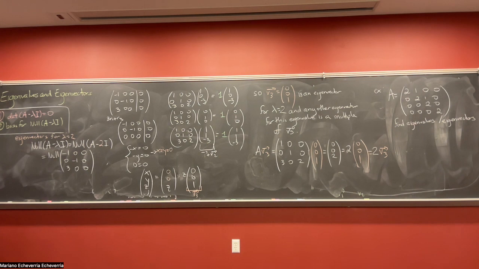Independent, we'll see that next time. When the eigenvectors come from different eigenvalues, they are automatically independent, and so the three together will all be linearly independent. V1 and V2 are still linearly independent, yes, because they were a basis. You have these two that come from the first eigenvalue and another one that comes from the second.